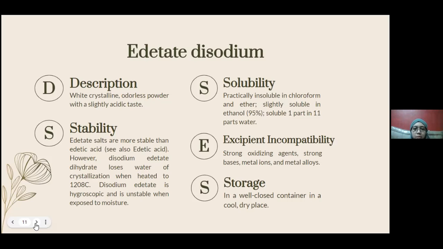It is practically insoluble in chloroform and ether, slightly soluble in ethanol 95%, and soluble 1 part in 11 parts of water. It is incompatible with strong oxidizing agents, strong bases, metal ions, and metal alloys. Stored in a well-closed container in a cool, dry place.